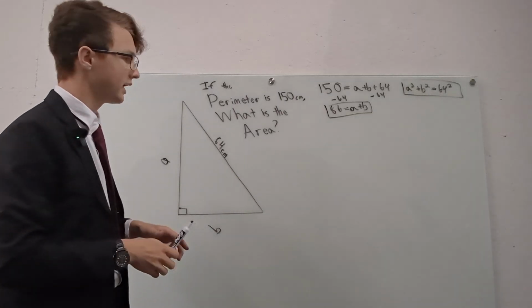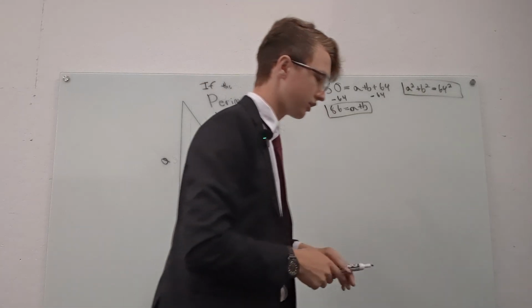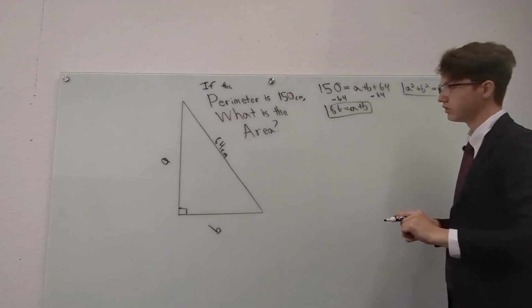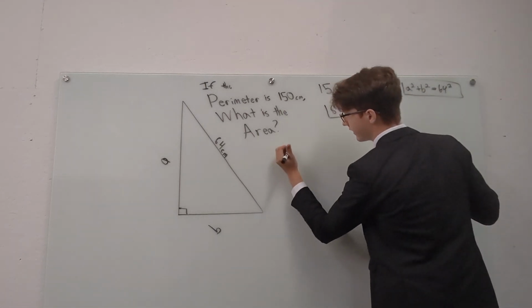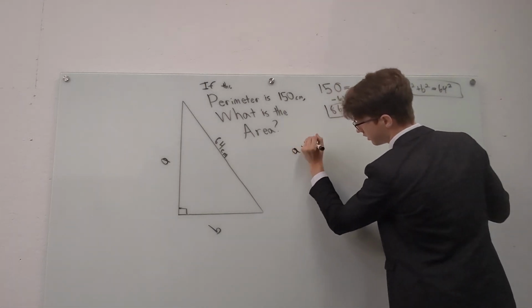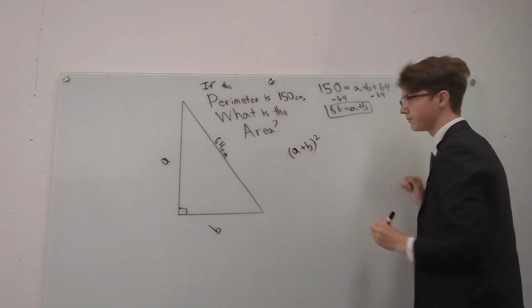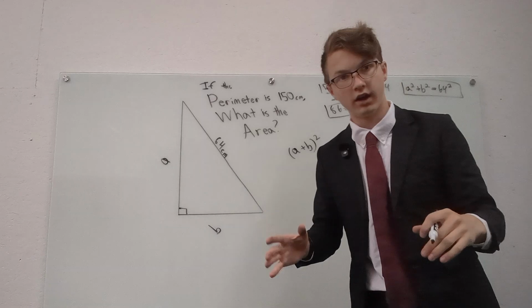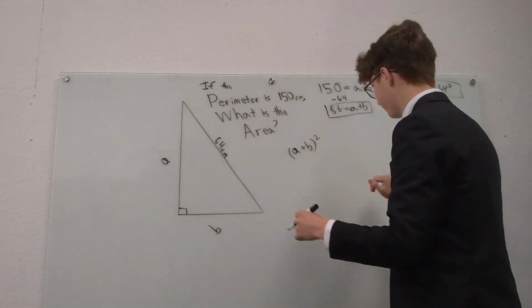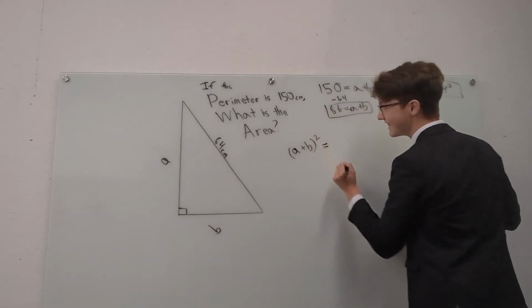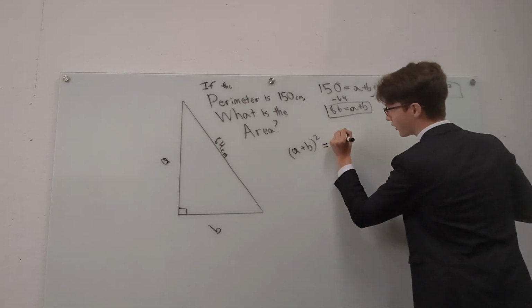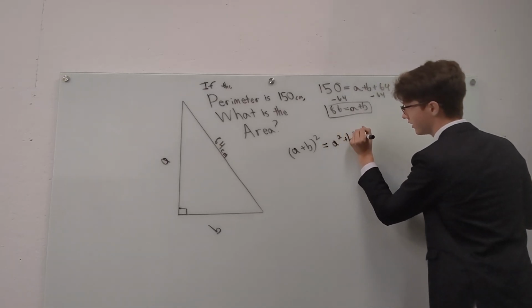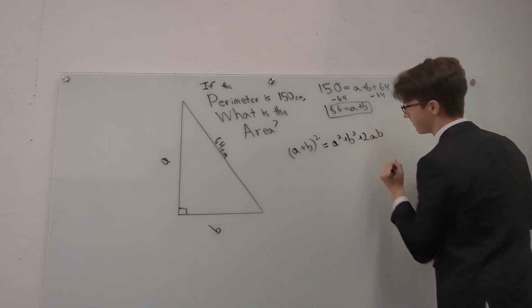Okay. Now that we have A plus B and A squared plus B squared, let's do some binomial theorem. We're going to do some basic distribution here. So if we have A plus B, we square it. What does that equal? Well, the first times the last, FOIL. But that'll be equal to A squared plus B squared plus 2AB.